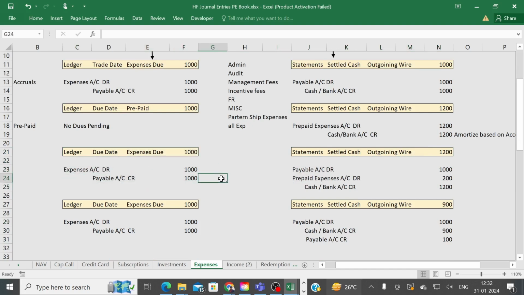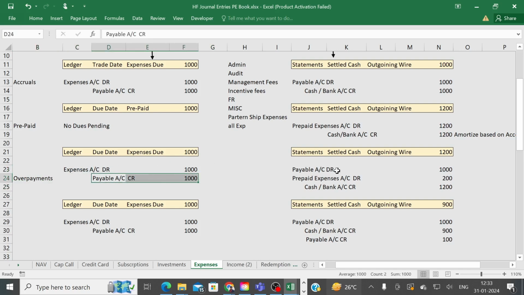Then, let's say you have a payable but you have made an extra payment, so it means overpayment. In case of overpayment, you can record the entry in this way: expense account debit to payable account credit.